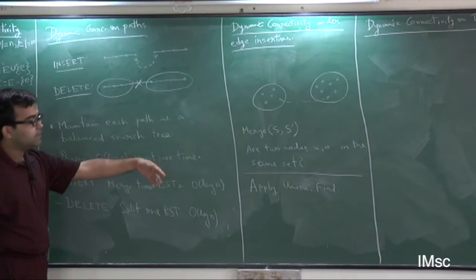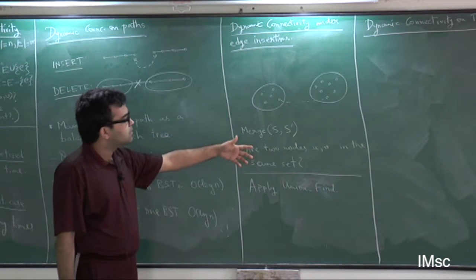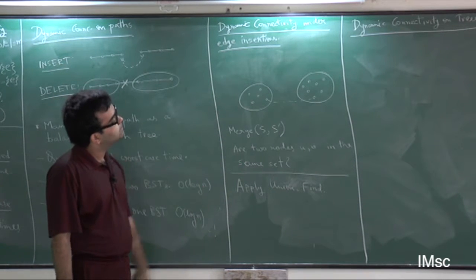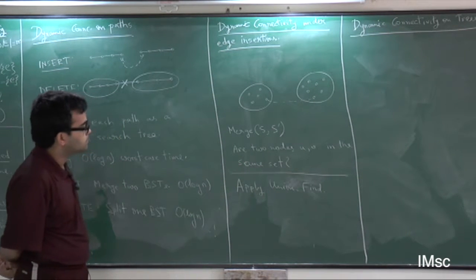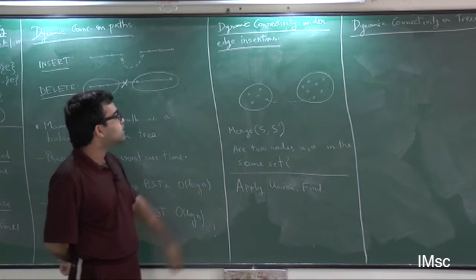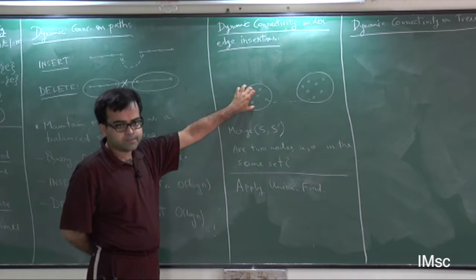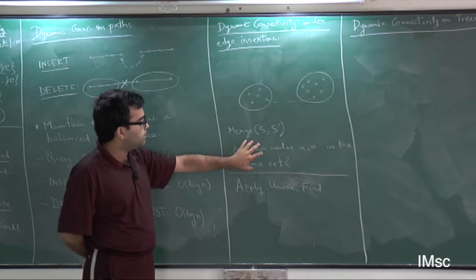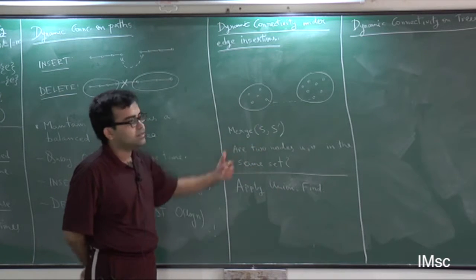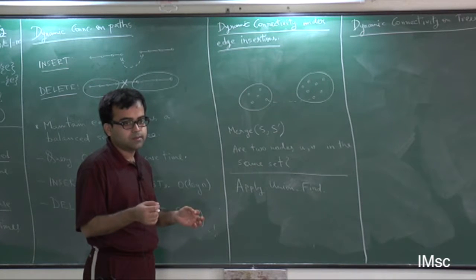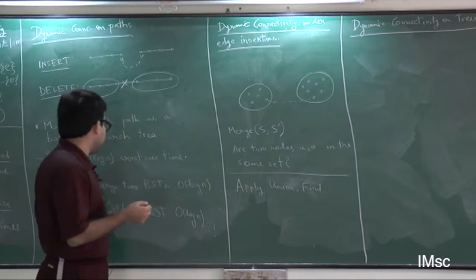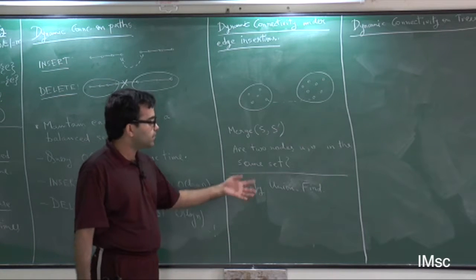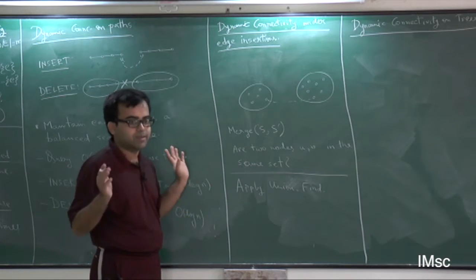Yeah, you can just build an arbitrary list of these nodes, and then when you are merging two sets, you just merge these two lists. So, basically it will give you log n update time, but union find will be faster. Okay. So, basically whatever union find does, you can also do it using balanced search trees.